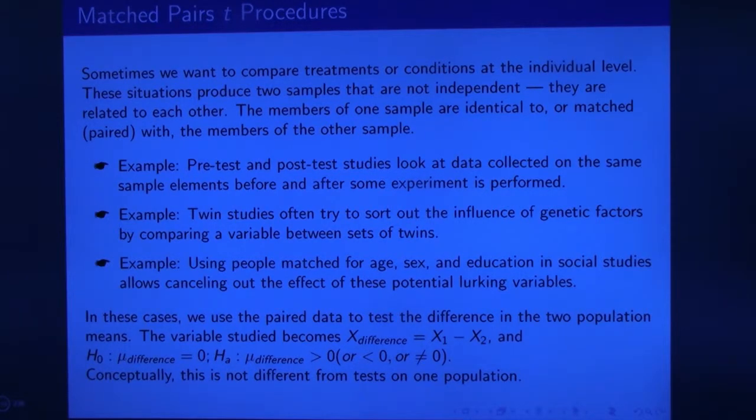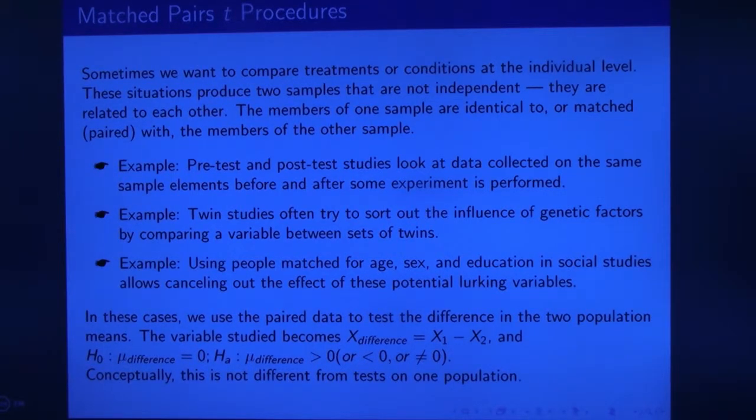The subjects, meaning human beings, had better be in the same age group, or possibly the same sex, and education is not necessary. So we can cancel out some other effect, the effect of age on the cancer. In these cases, we use the paired data to test the difference in the two population means.